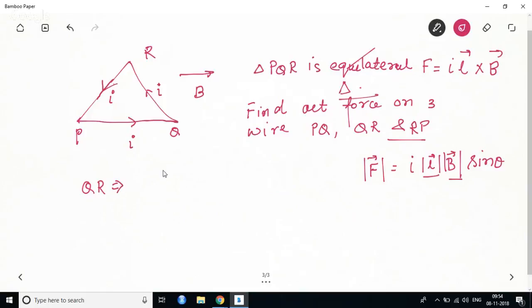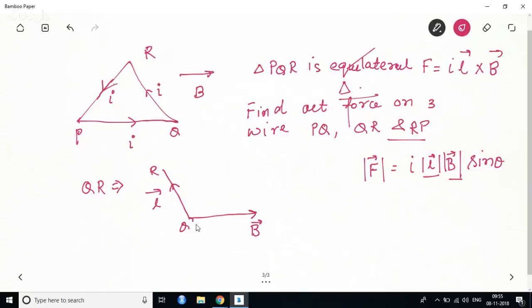See, the direction of current is like this, and the direction of the magnetic field is like this. This is the B vector and this is the L vector.